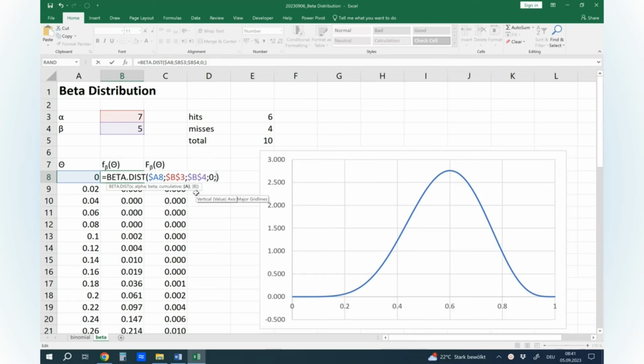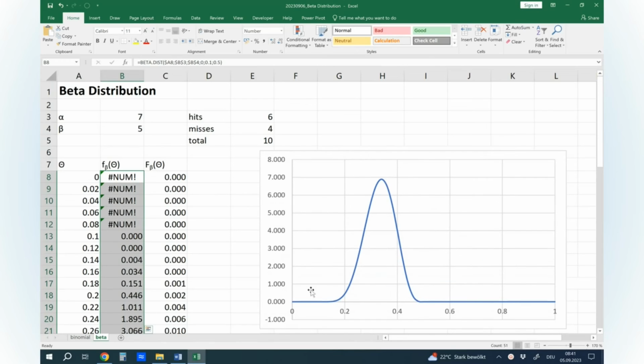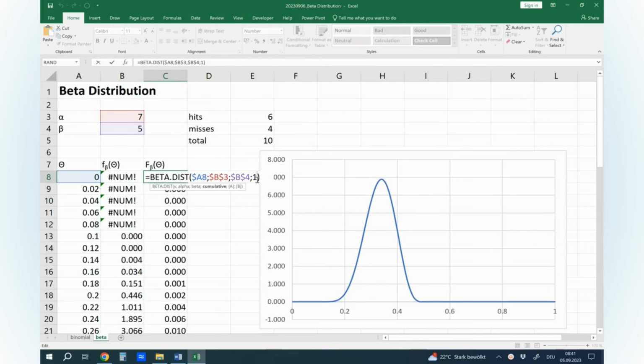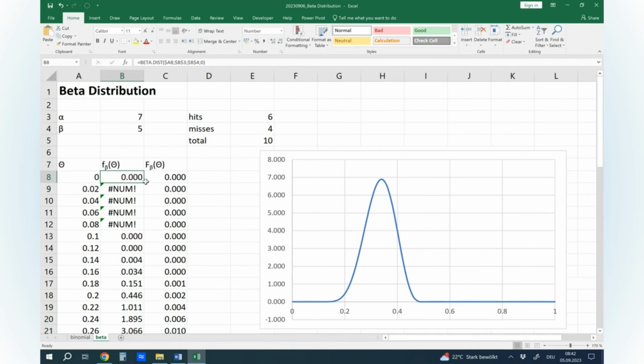For instance, the lower limit could be 10% and the upper limit might be 50%. Capital A and B permit customization of these bounds and adapt the beta distribution accordingly. The same, of course, applies to the cumulative function. Omitting these values sets the default bounds 0 and 1, as we've already seen.